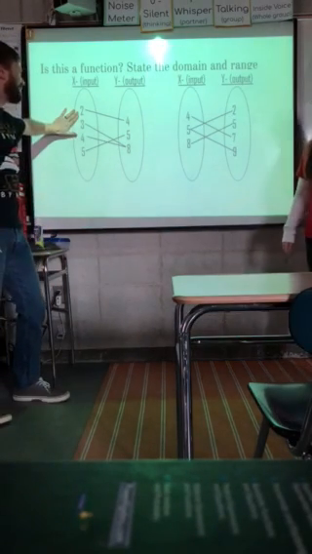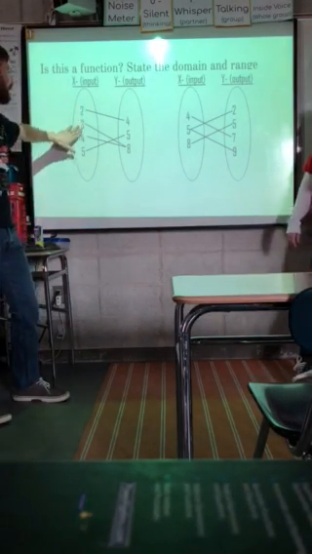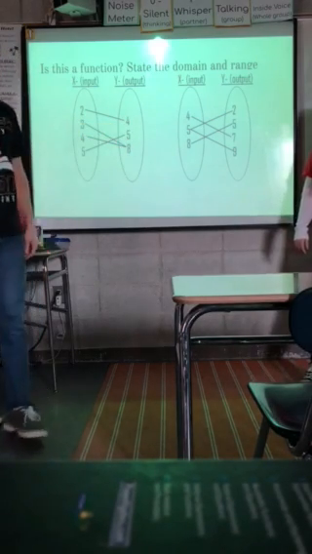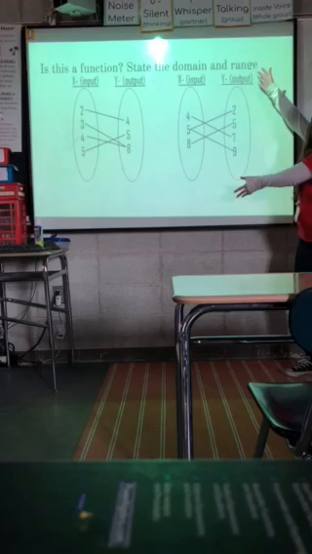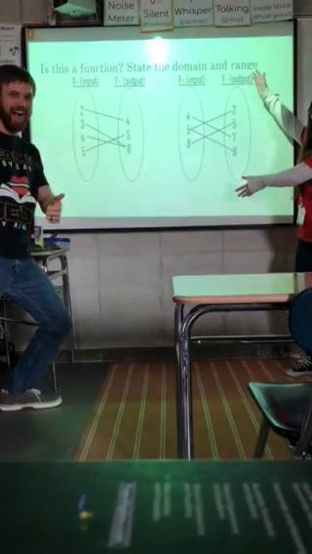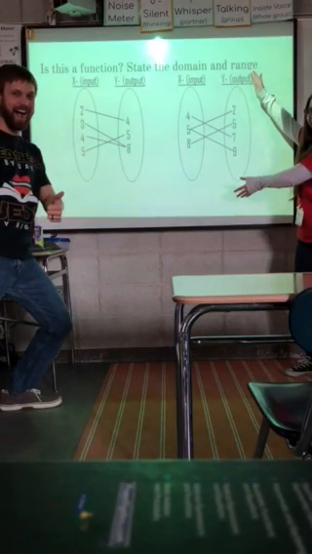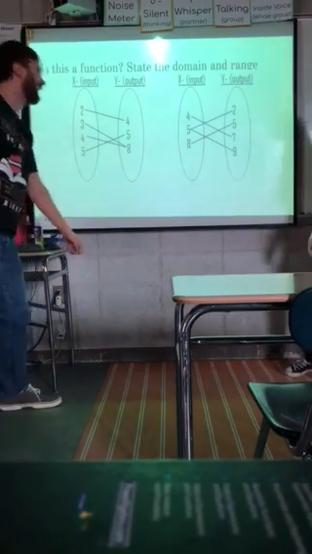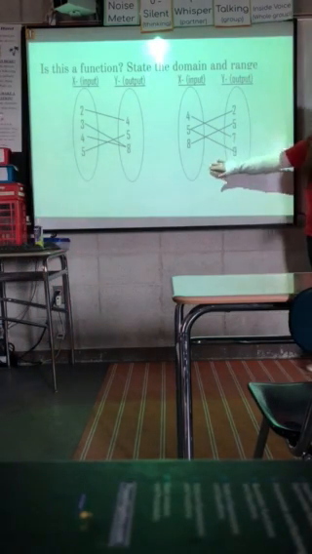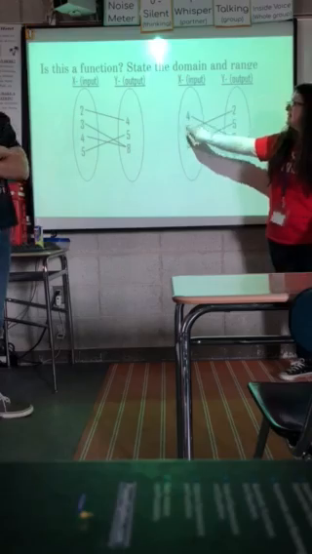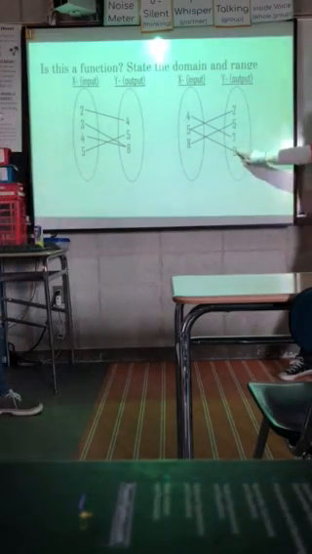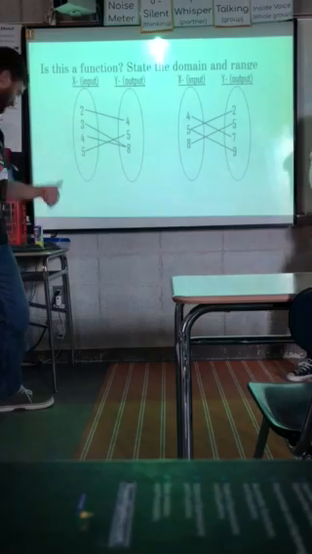This one is a function because none of the input values have a repeating output value. How about the second one? Great! This one is not a function because you can see that the input value 5 maps to 2 different output values.